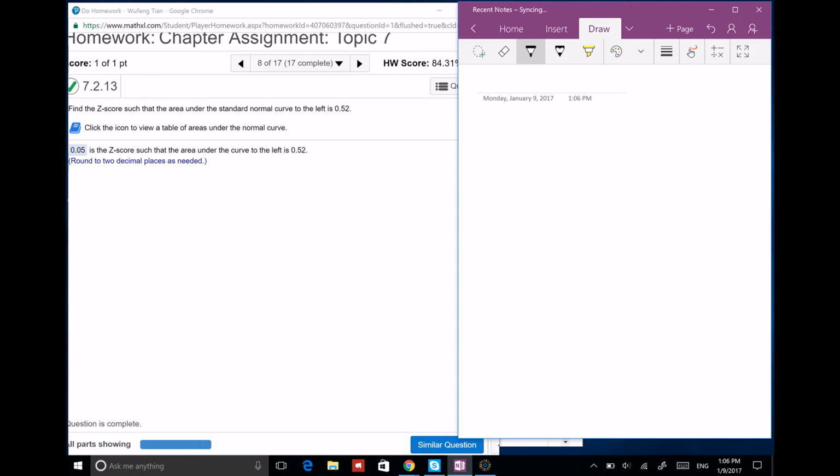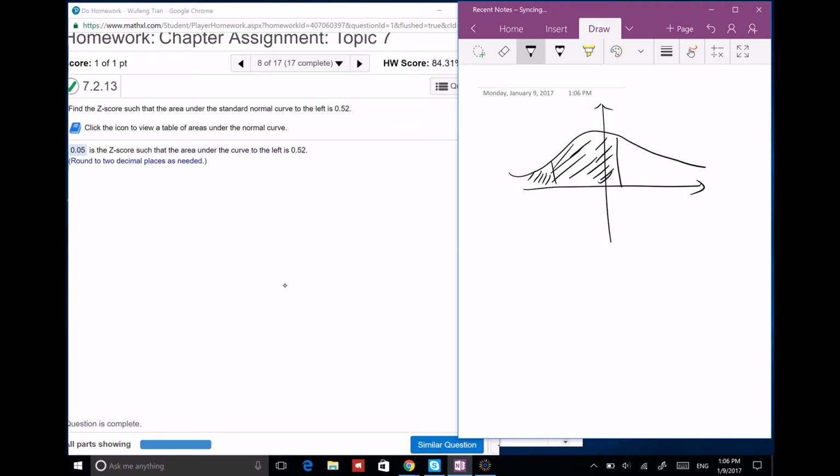Find the z-score such that the area under the normal curve to the left is 0.52. Basically, now it gave you the area. Backward, find the z-score. So the area is 0.52. Previously, it gave you the z-score and you found the area. Now it gives you the area, find the z-score.